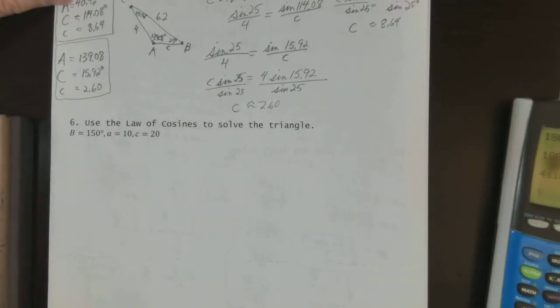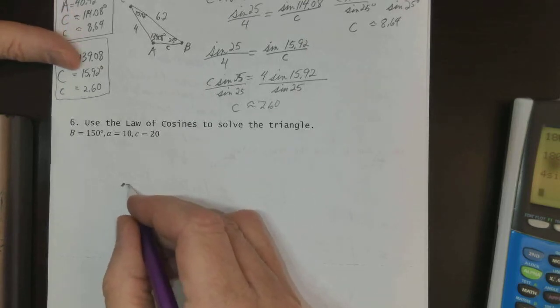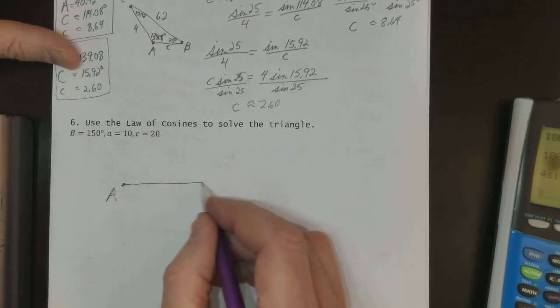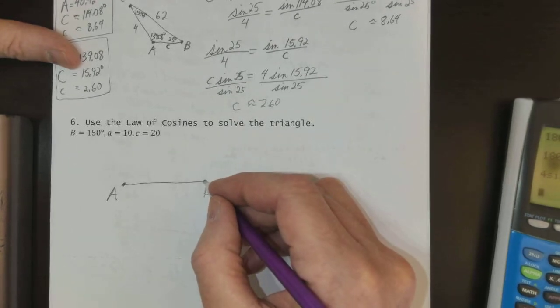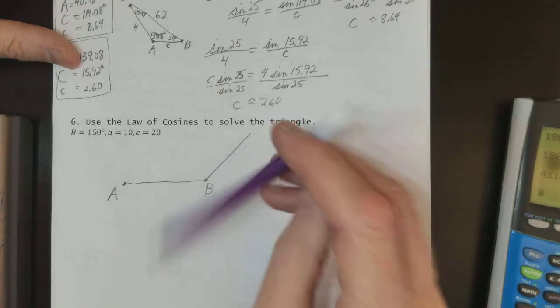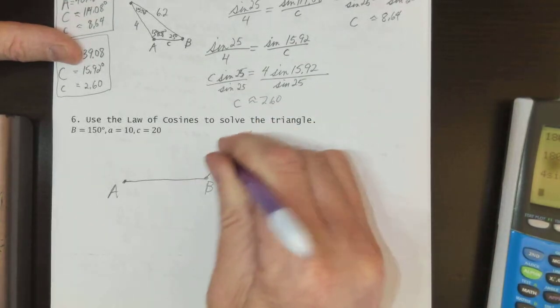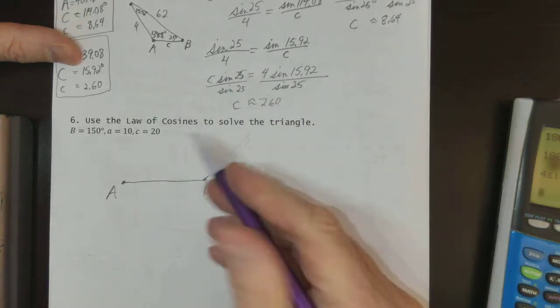All right, this one, I'll put A here. I'll put B here. I'll go at 150 degrees or so, whatever that looks like. Probably more than that. There we go. A little wider angle there.